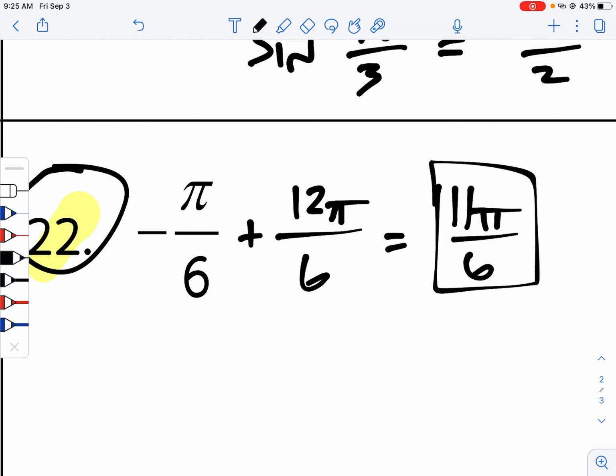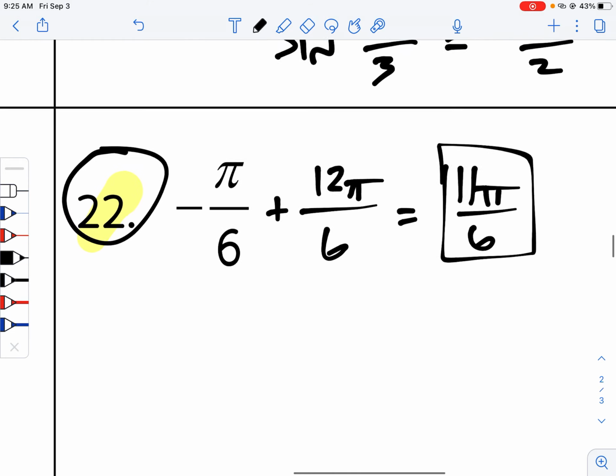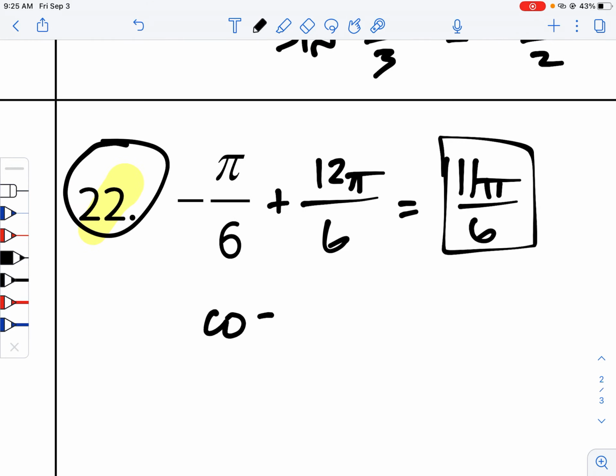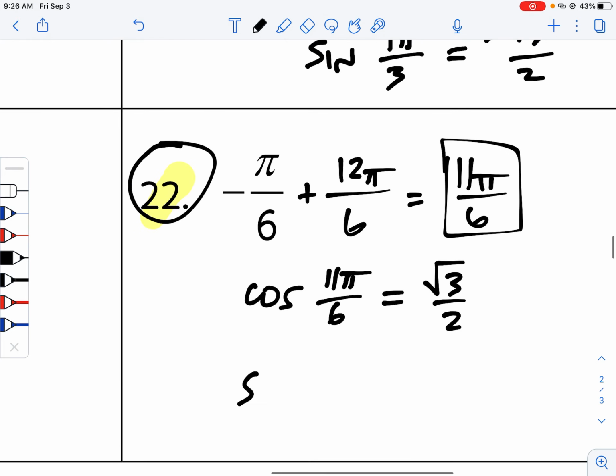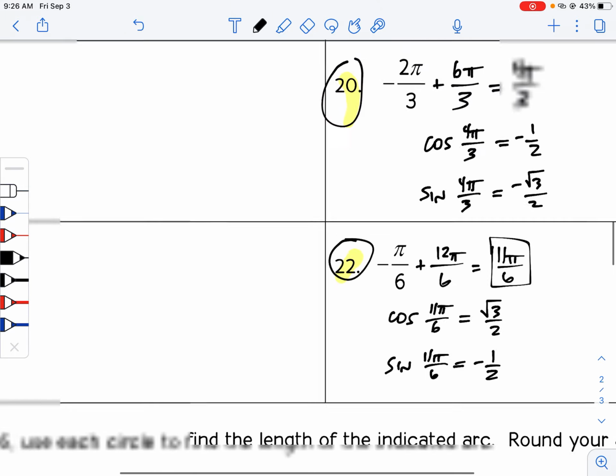Again, I could have just started at 0 and went backwards a sixth of a pi and found the same spot. Again, the cosine of 11 pi over 6 is going to be the x value at that place, which is root 3 over 2. And then the sine value at 11 pi over 6 is negative 1/2. Fourth quadrant, y's are negative.